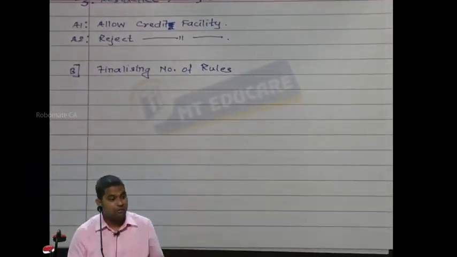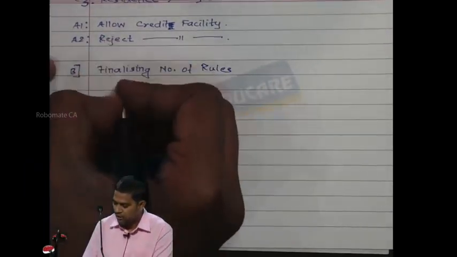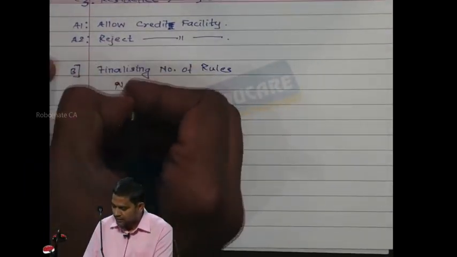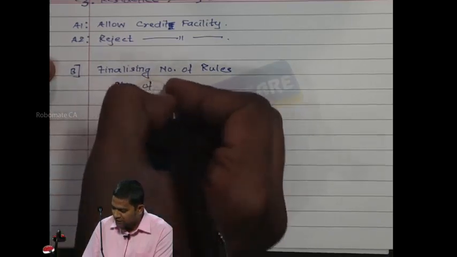Finalizing the number of rules. What is the formula?